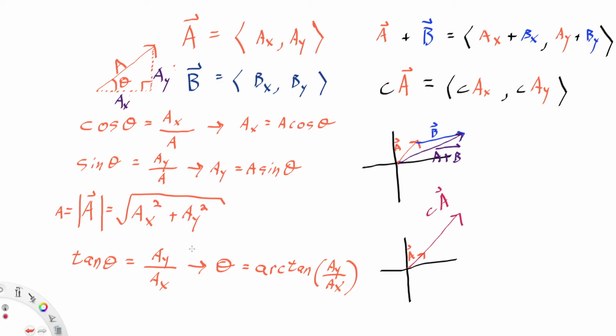If C was smaller than 1, we might have a little tiny thing here. So this could be CA for C less than 1. And if C was negative, then that would have the effect of flipping the direction of the vector.